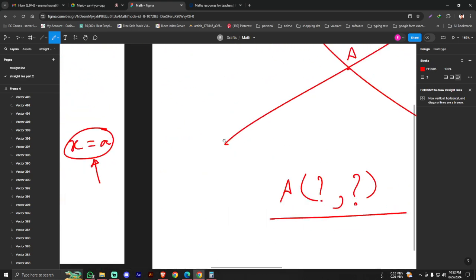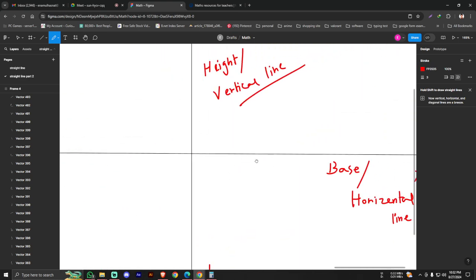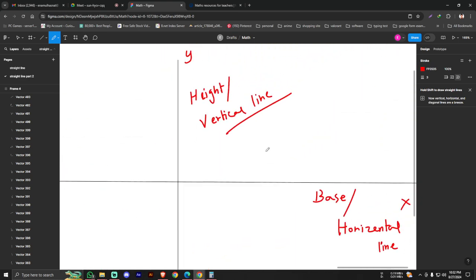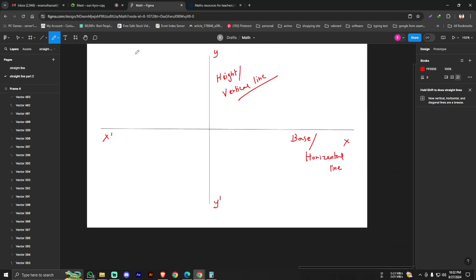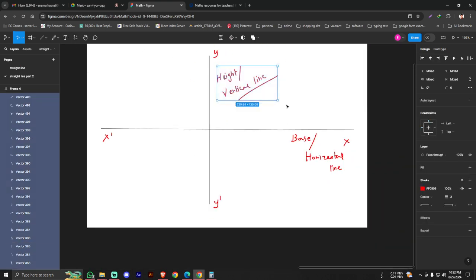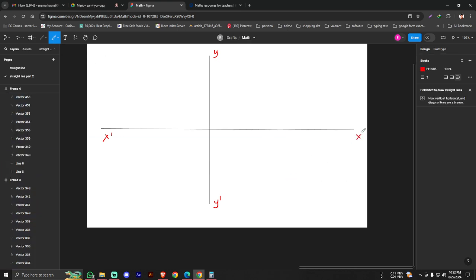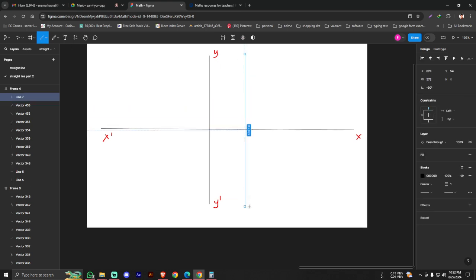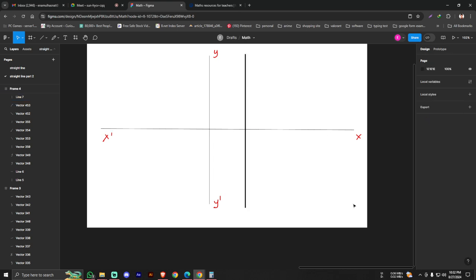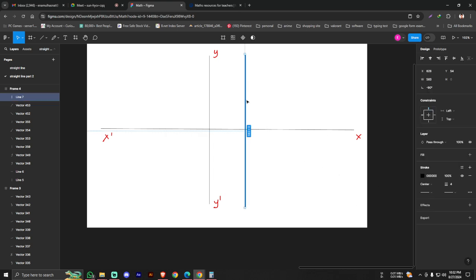Suppose I'm giving you another example. Let's see if you can find the height and base of this or not. Suppose I've given you a line, and this is another line.